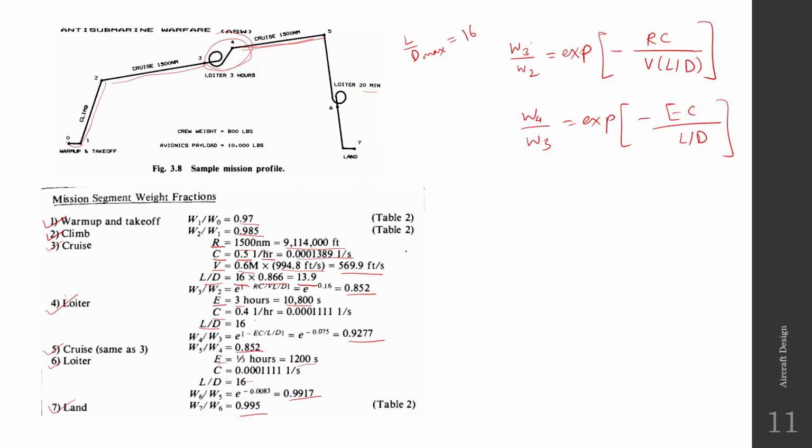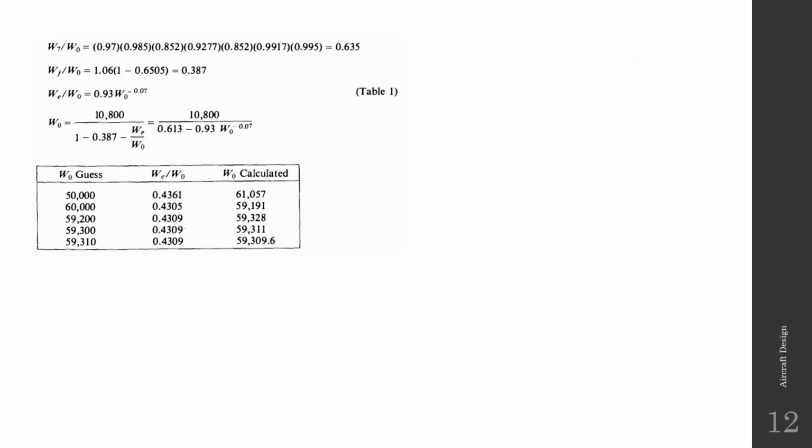Now we will see how we can calculate the fuel fraction and the empty fraction from these ratios. So first what we do is we multiply all of the ratios, and we get W7 by W naught.